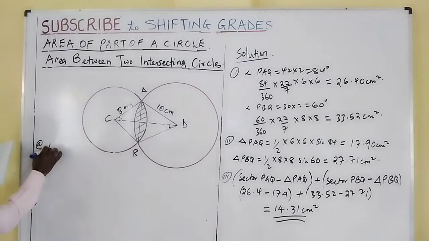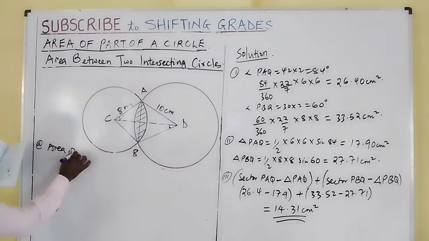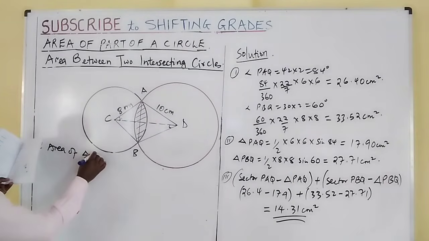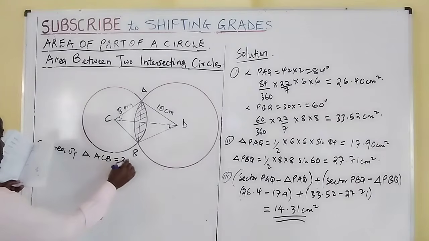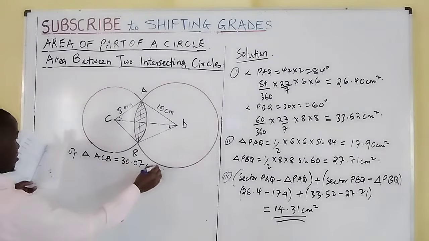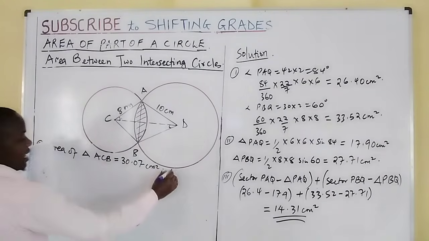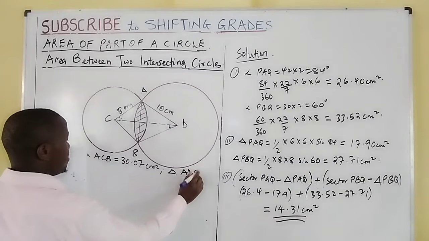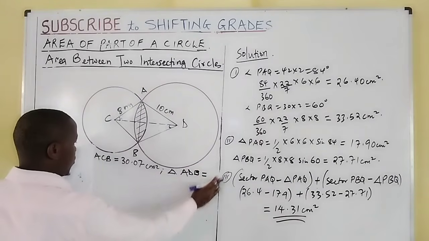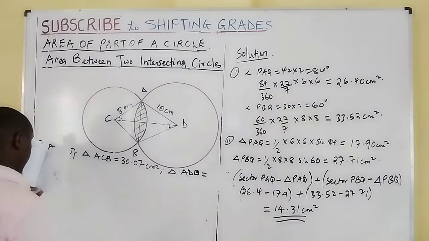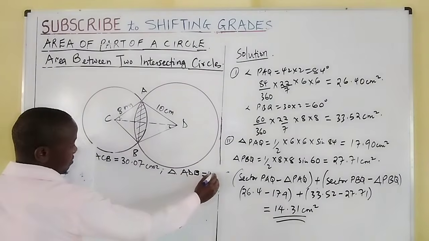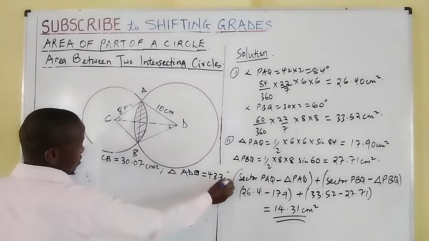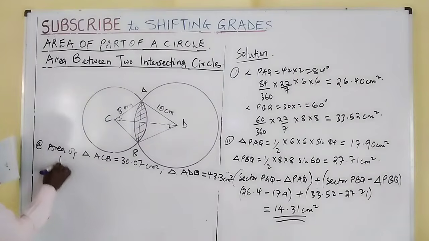Then we are told that area of triangle ACB is equal to 30.07 square centimeters, and the other one is triangle ADB. ADB is equal to 43.3 square centimeters.